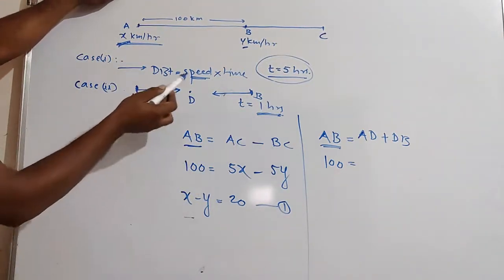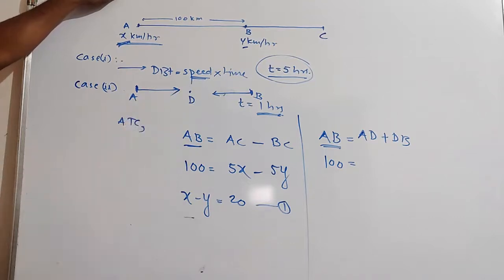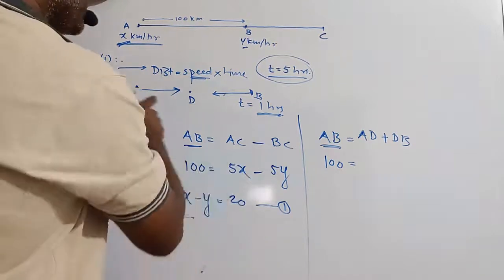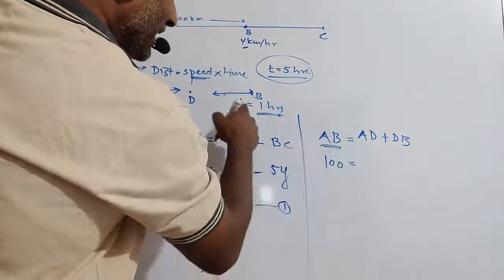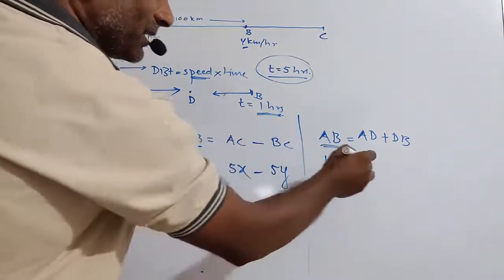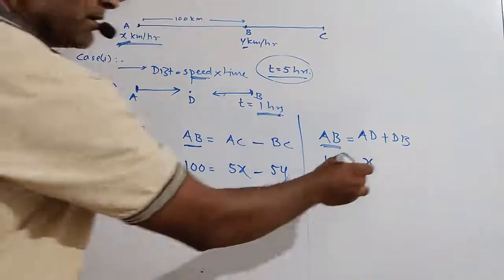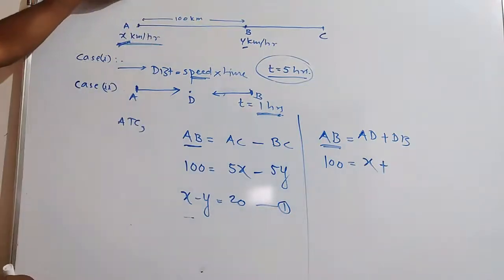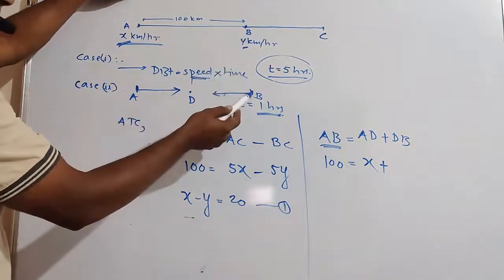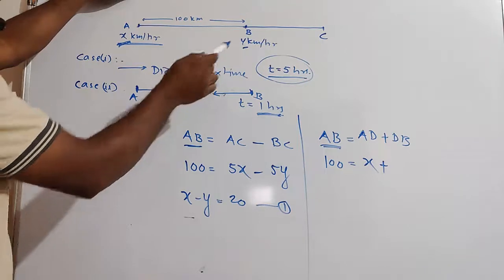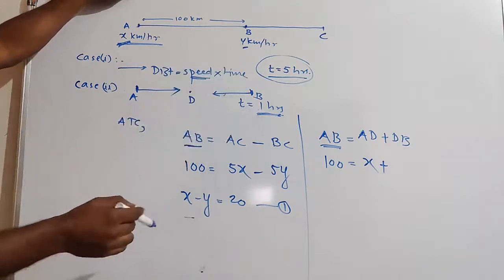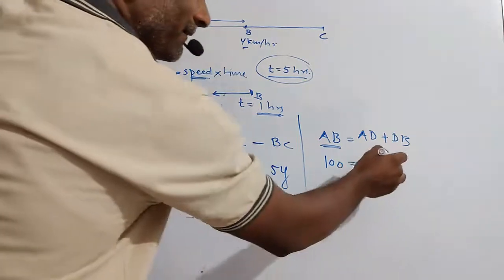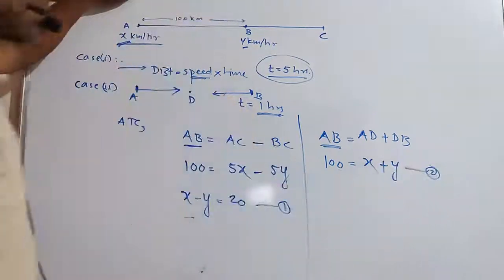So again, distance is equal to speed into time, so speed is x and time is 1. So x into 1, that is x, plus DB. DB is the distance covered by car B with a speed of y and time 1 hour. So 1 into y, y. So this is the second equation here.